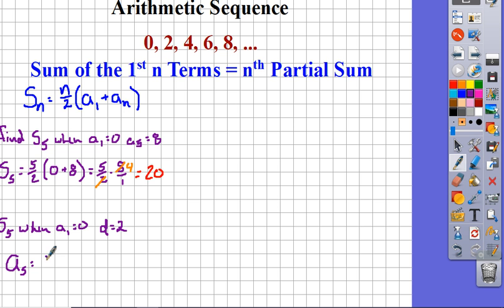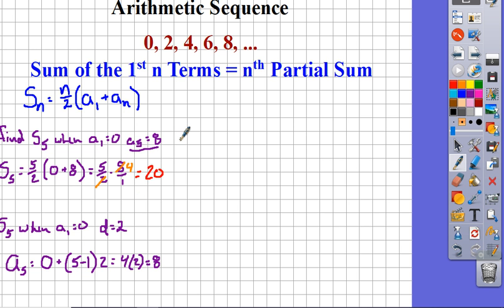That's the first term, a sub 1, plus n, 5, minus 1, times the common difference of 2. The 0 doesn't really do anything for us. 5 minus 1 gives us 4 times 2, which gives us the last term of 8, which we had been given before. We would do the same problem to get to that same answer.